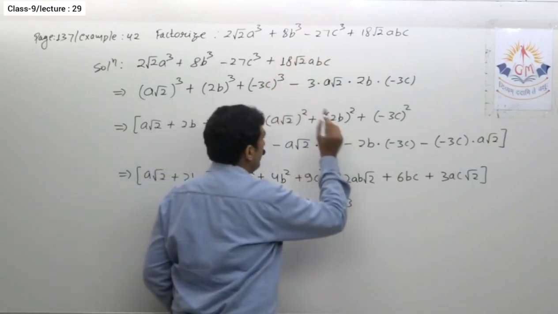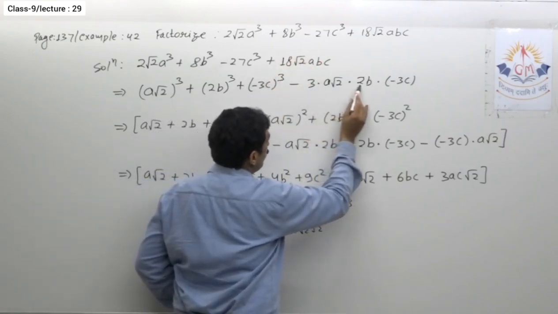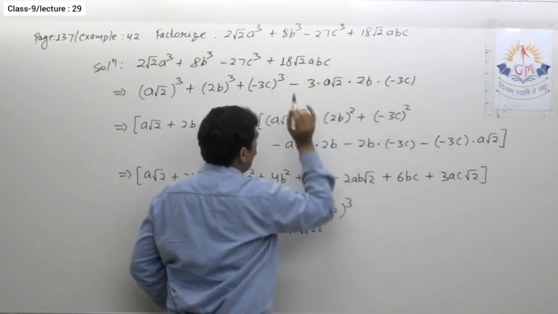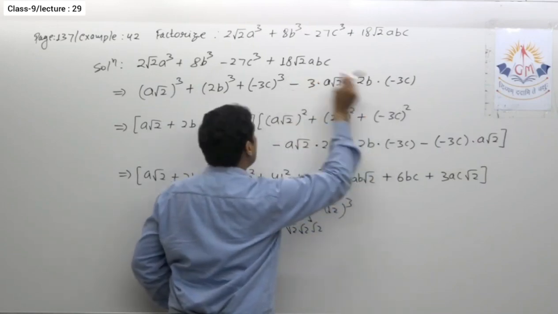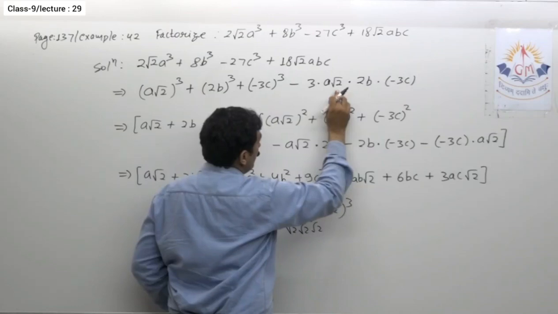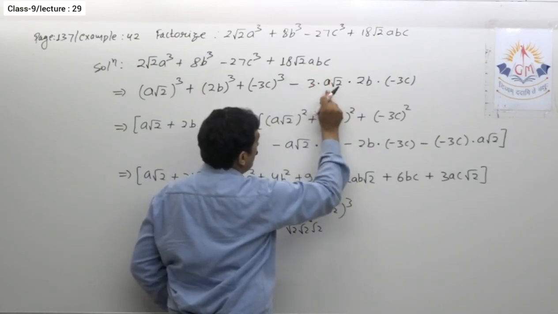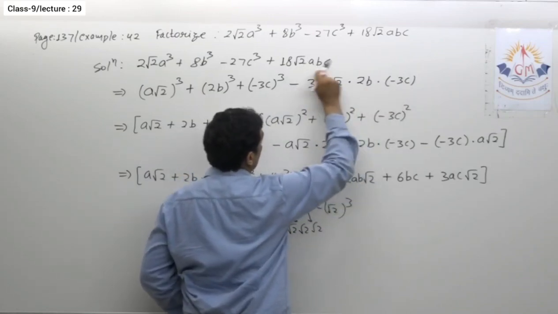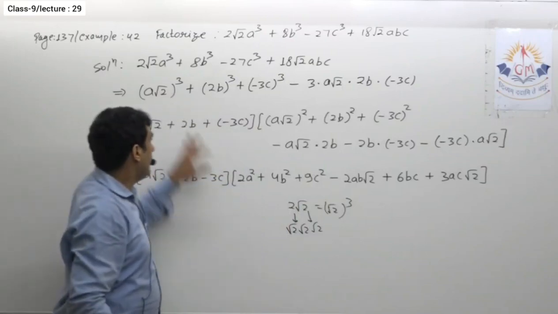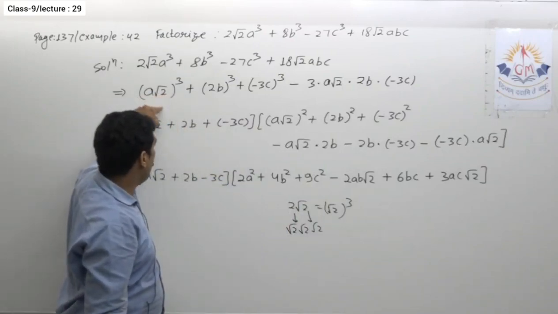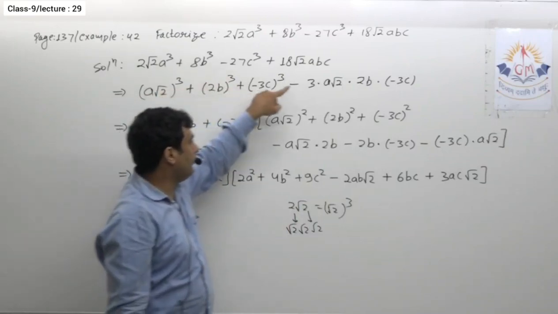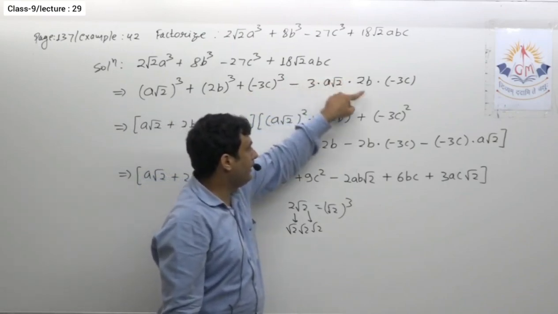I have to cross verify. So 3 into 2 is 6, 6 into 3 is 18, yes I have 18, minus into minus is plus, I have plus, then root 2 as it is, then a into b into c, so abc is also there. So now this exactly fits the identity of a cube plus b cube plus c cube minus 3 into a into b into c.